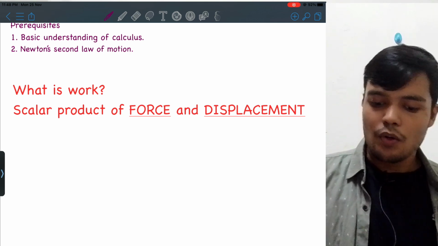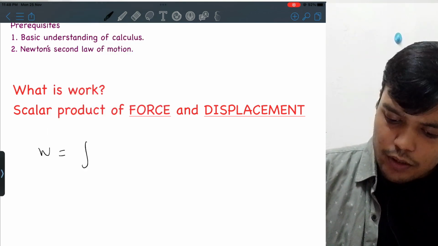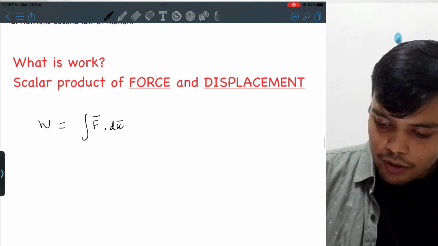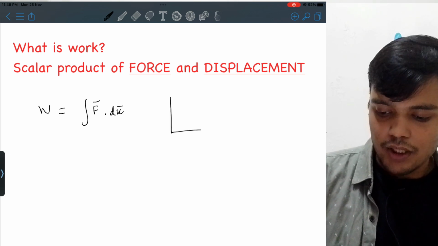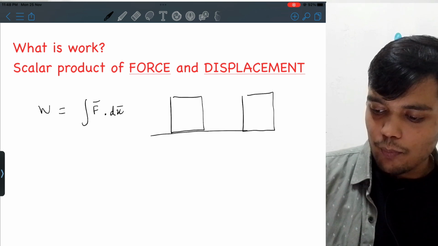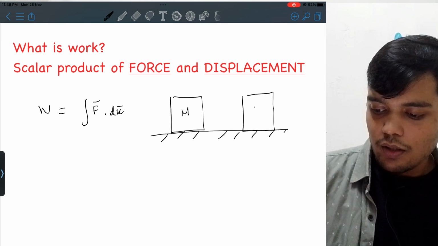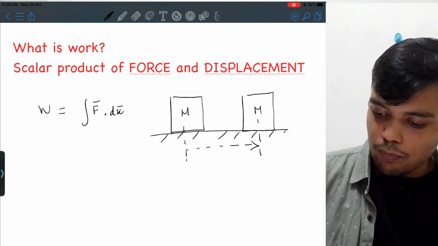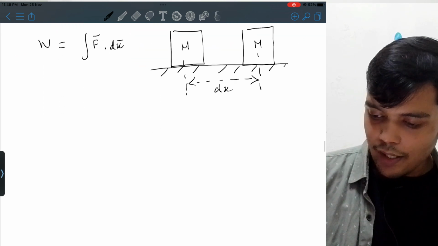Mathematically speaking, work done is equal to F dot dx, where F is the force applied on the object and dx is the distance by which the object is moved. This is an example where a block is moved by a distance of dx.